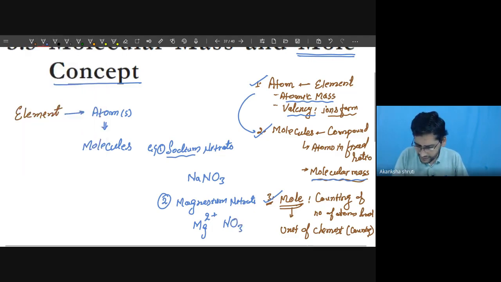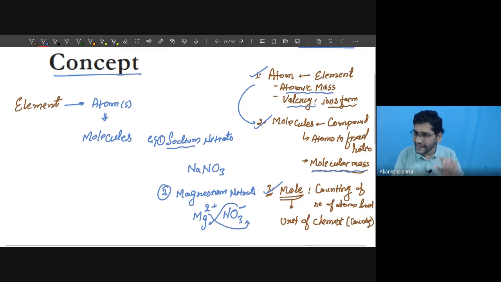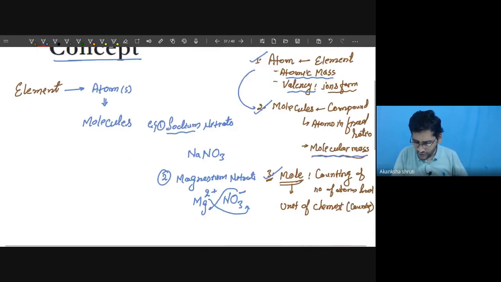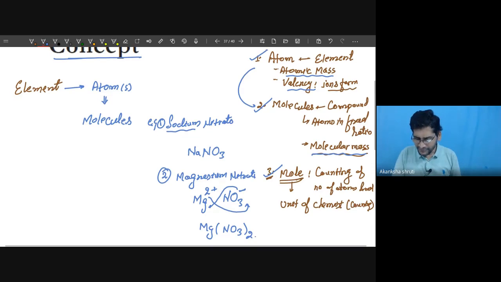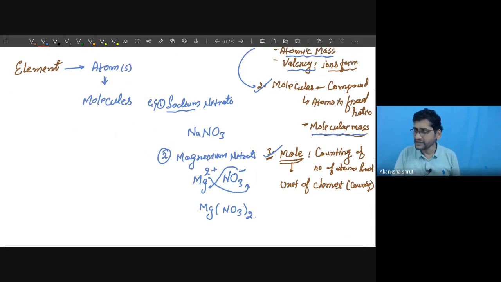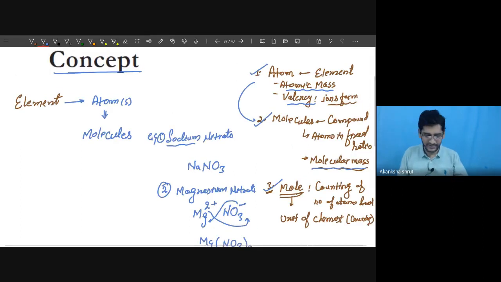Now for this negative, what is the number we have to bring below it, and what number we have to bring here. Now this NO3 is entirely acting as one species or as a group to hold this negative charge, so we need to put the bracket before it. NO3 taken twice. Okay. If something is common to these numbers, that can be cancelled. So this way we have written. This thing we already learned in our last class.